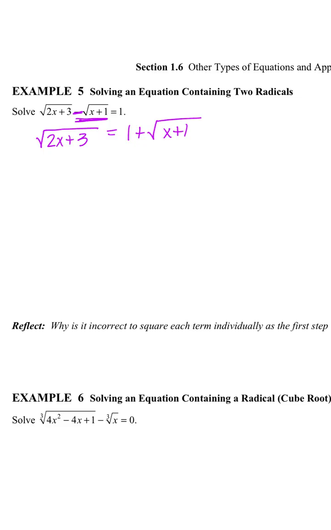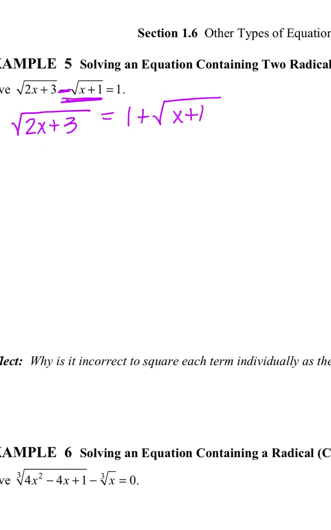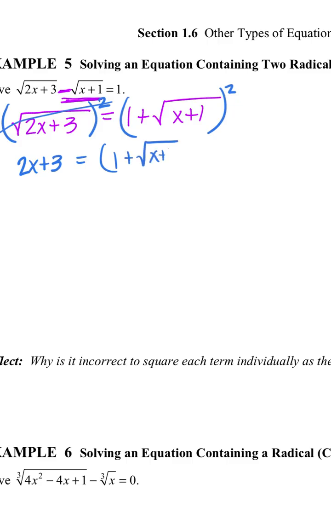Now, these can get a little bit messy. I wish they'd given me a little bit more room. We're going to do the same thing and square both sides. When we square this side, everything cancels out, and we get 2x plus 3. But over here, we're going to have 1 plus the square root of x plus 1 times 1 plus the square root of x plus 1.